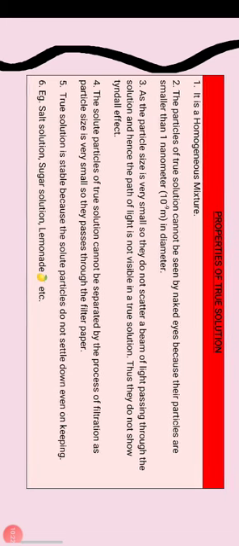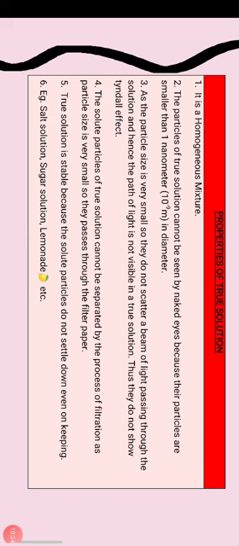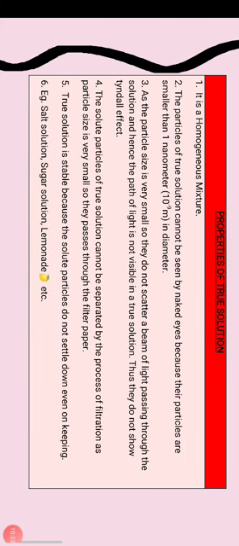Fourth point is the solute particles of true solution cannot be separated by the process of filtration. Now, why we cannot separate the particles of true solution? Filtration is a technique in which we use the strainer. Strainer means a sieve.